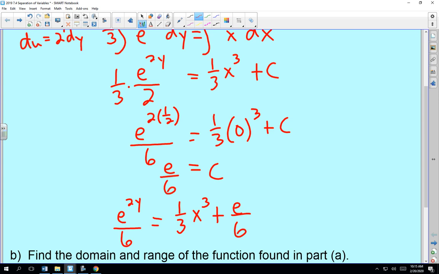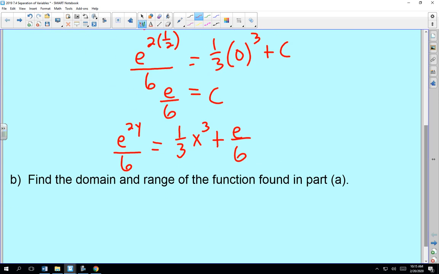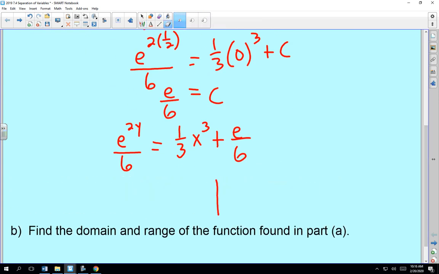You're going to multiply through by 6. I got some algebra to do here. Multiply through by 6. I've got e to the 2y equals 2x cubed plus e. And then I'm going to ln each side.